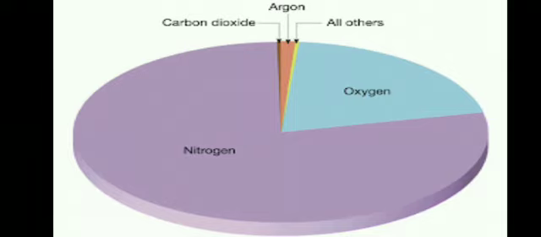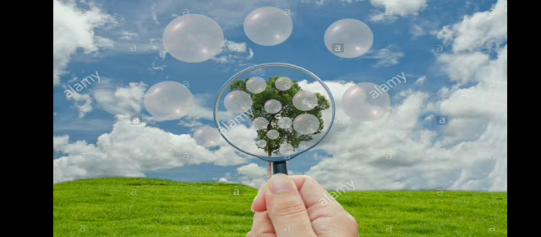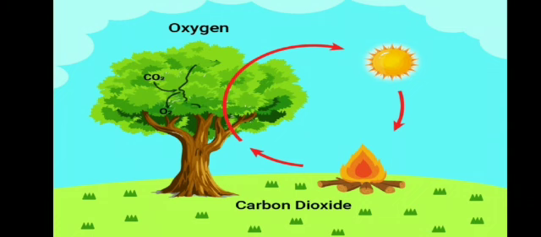So the major element present in air is nitrogen, whereas in the human body the major element is oxygen. In the atmosphere, nitrogen is nearly 78%, so nitrogen is very important in the air. But besides this, humans need more oxygen. Why? Because it is called the life-giving element in the air.